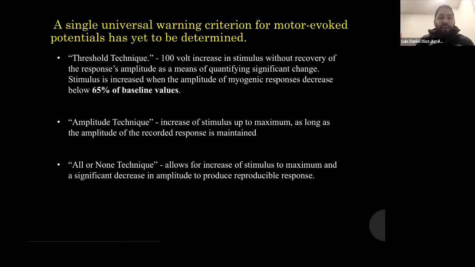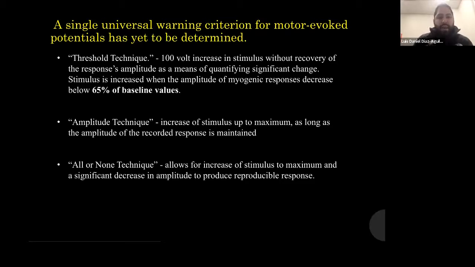As alluded to earlier, unfortunately, a single universal warning criterion for motor evoked potentials has yet to be completely decided and determined. Three commonly used techniques are the threshold technique, which essentially results in an alert criteria should the myogenic responses decrease below 65% of baseline values.